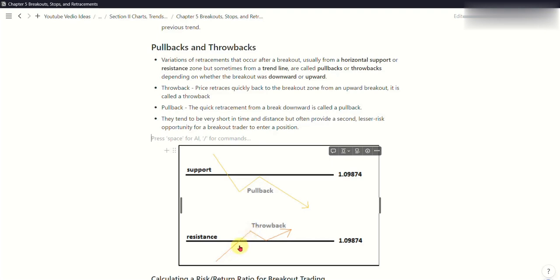In the case of a resistance line, if the price breaks above and throws back, then it is called a throwback. The price touches back the resistance line and climbs upwards. This pullback point and throwback point are the opportunity for us to enter a buy trade in case of throwback, sell trade in case of pullback.